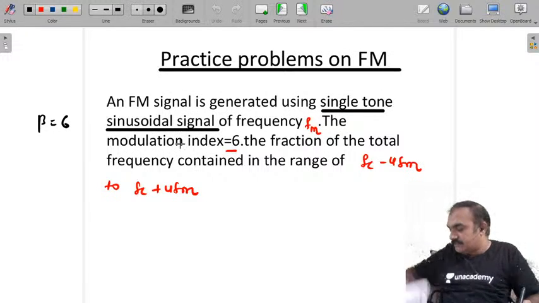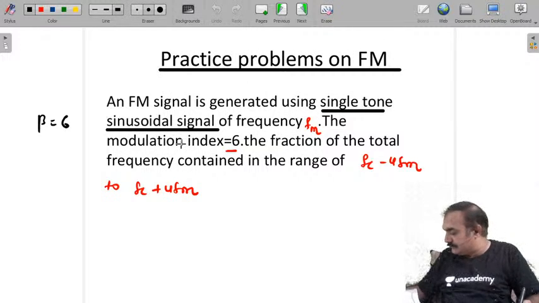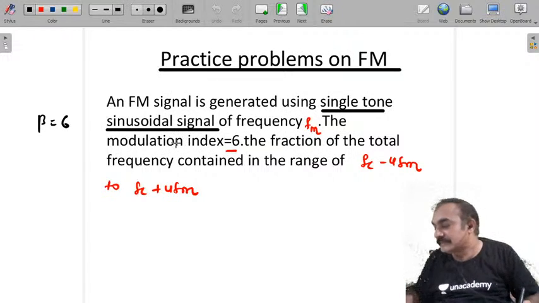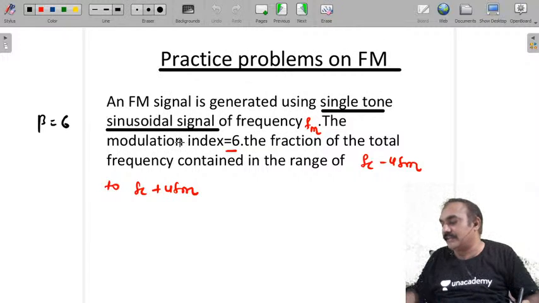Wait, my dear students. The fraction of total power contained in the frequency range of. Good question, Srinivas. Listen carefully here, my dear students.